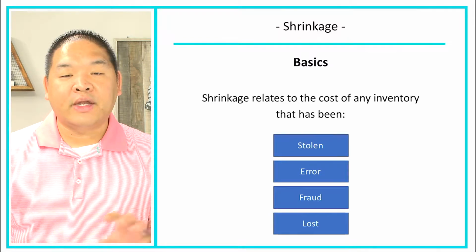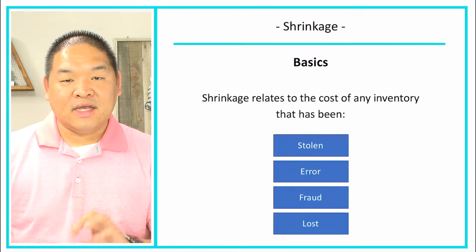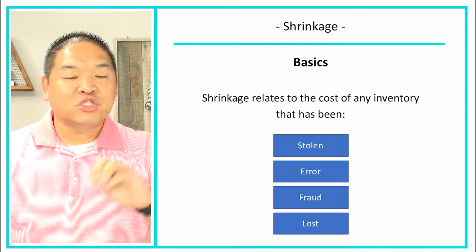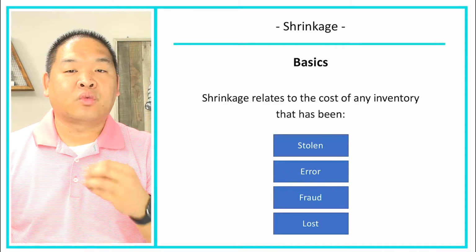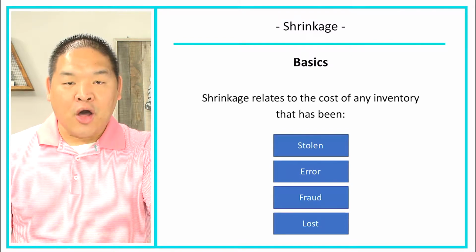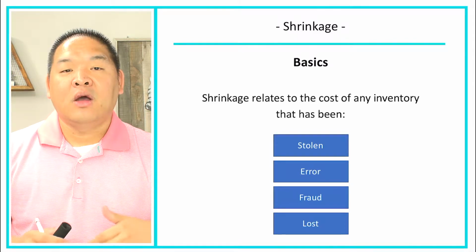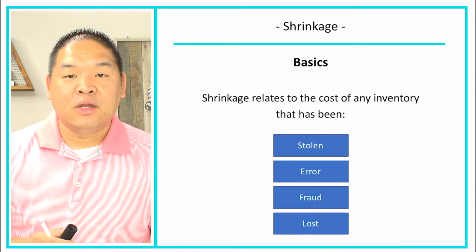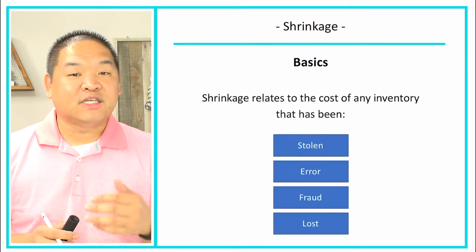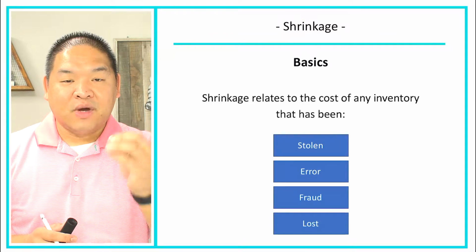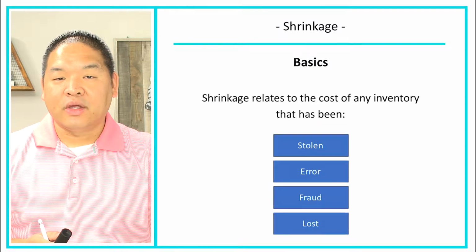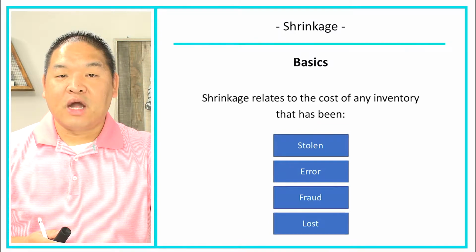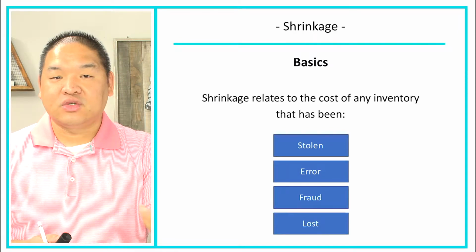So it's a super important number because this is basically saying that this inventory wasn't sold or we don't have it in possession, and therefore we're going to have to write it off as a loss. And you know, and I know, a loss is not good, especially if the product was, let's say, stolen. That means there was money left on the table, and you also have to pay for that stolen item because it's now gone, and you have to pay the vendor for that stolen item.